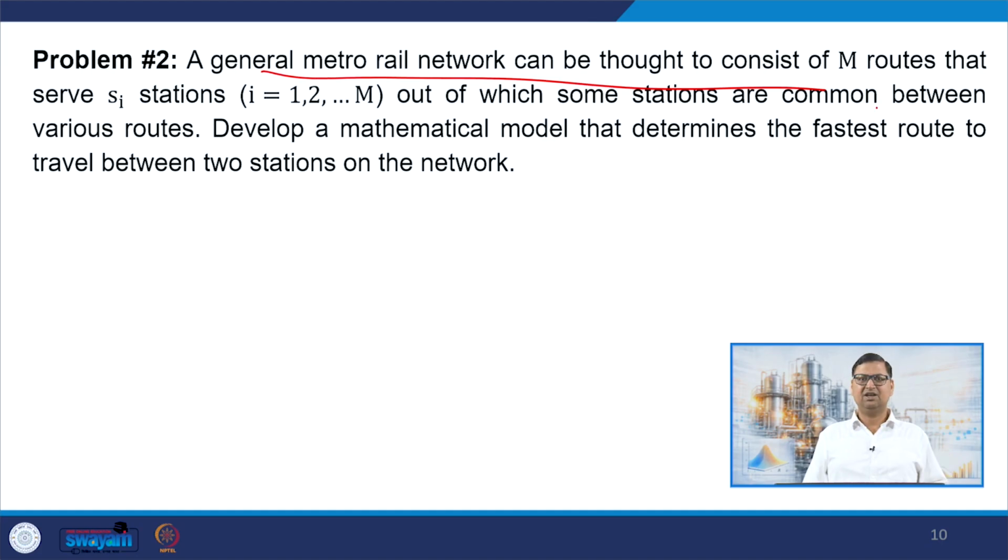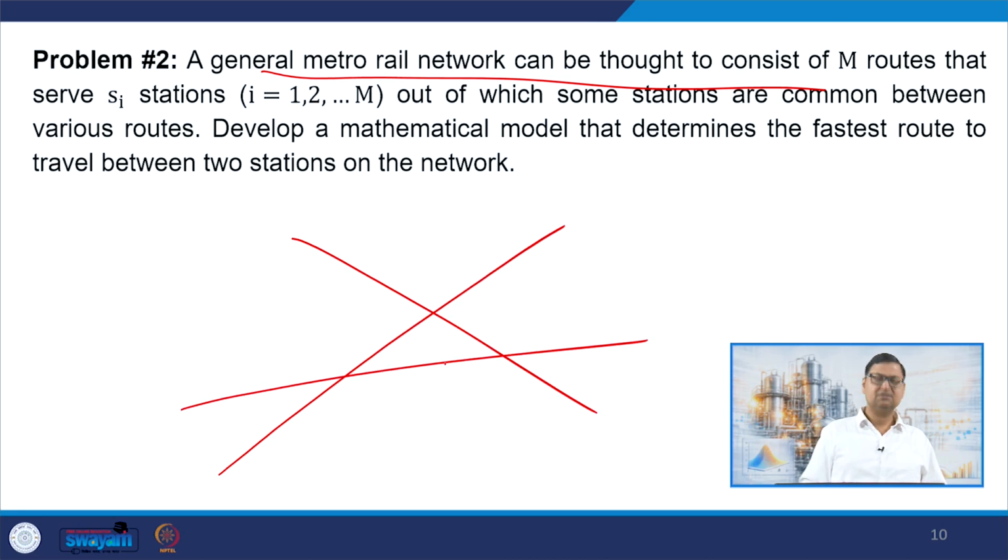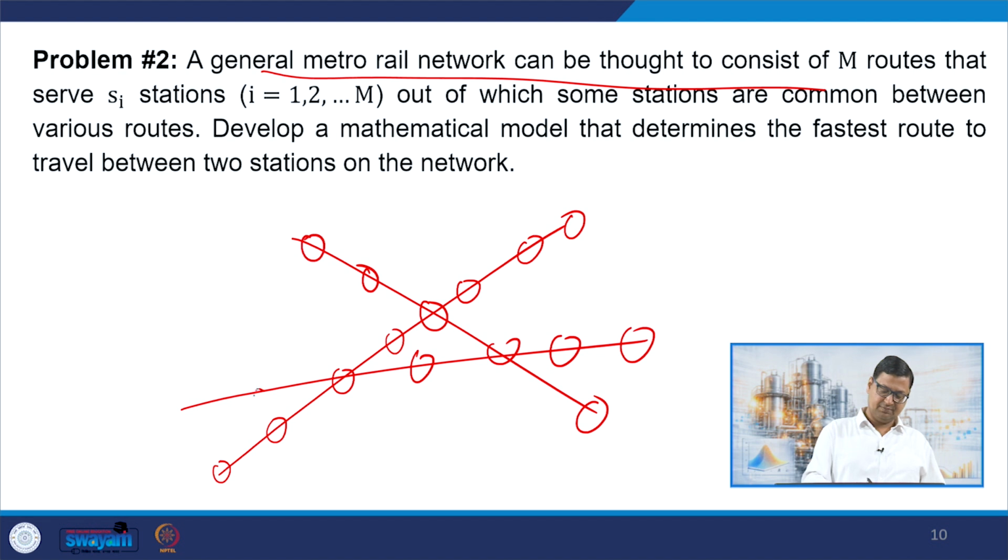You may have traveled in metro trains, and the network contains different lines, right, and different lines have different stations, and some stations are common between the different lines, right. Let us say, just to give you an example of a problem, I am here at A and I want to go to B. How much time do I need to go from A to B?